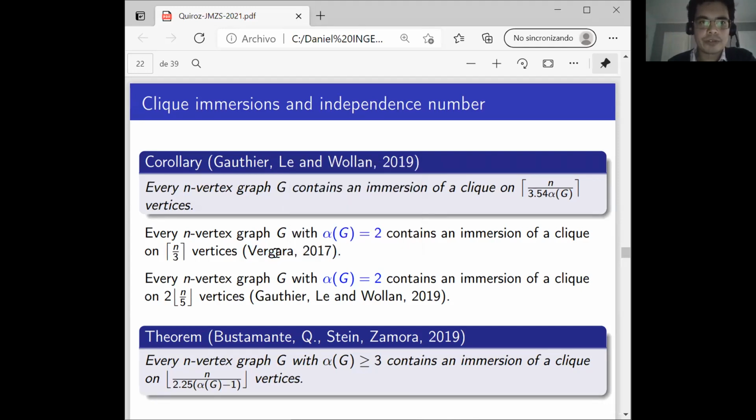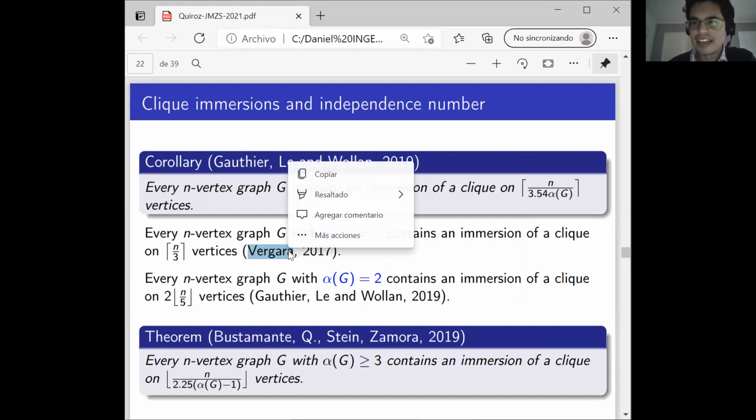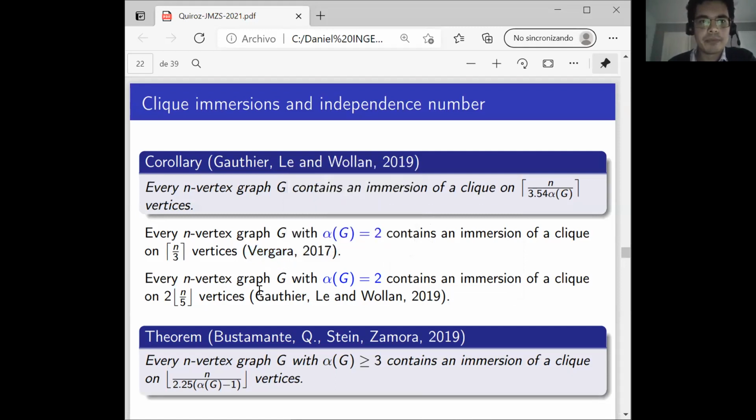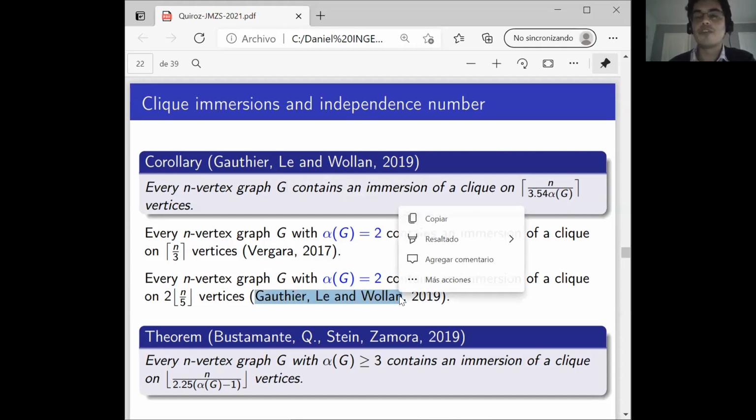Yeah. So to obtain the result of Gauthier, Lee, and Whelan, which by the way, Vergara's result was using a different technique, the result of Gauthier, Lee, and Whelan needs a bit more care if you're only talking about alpha equals 2.